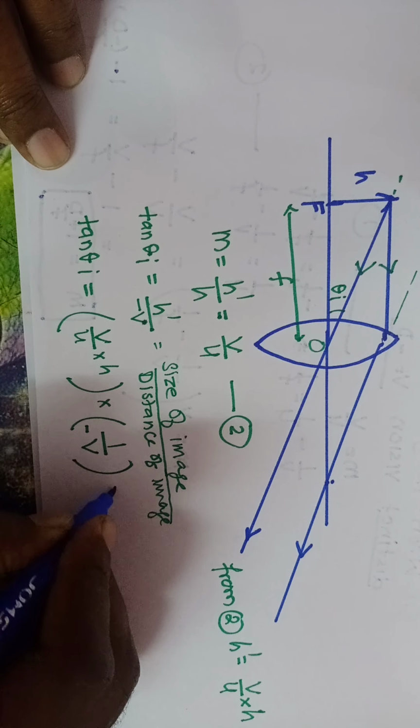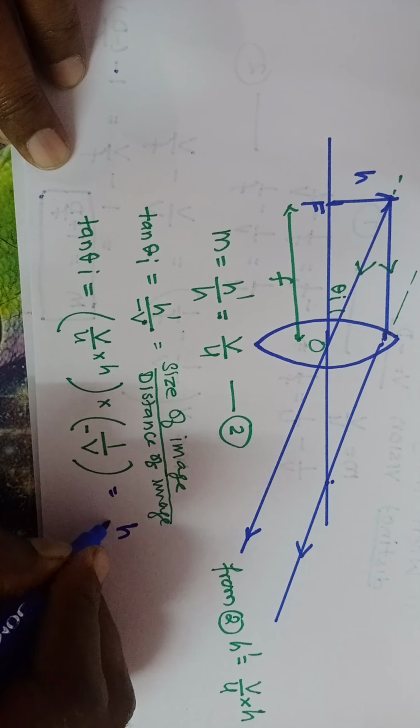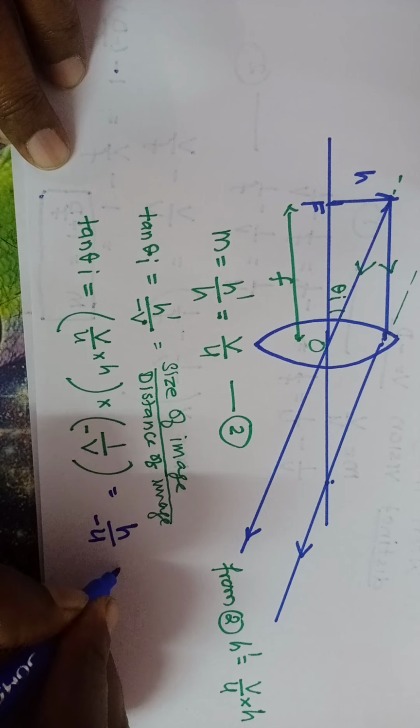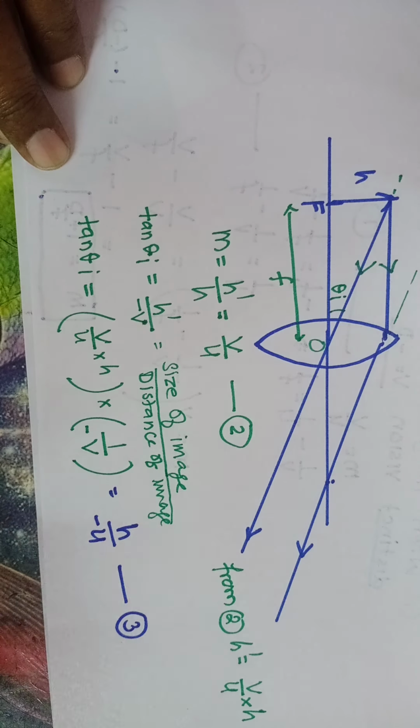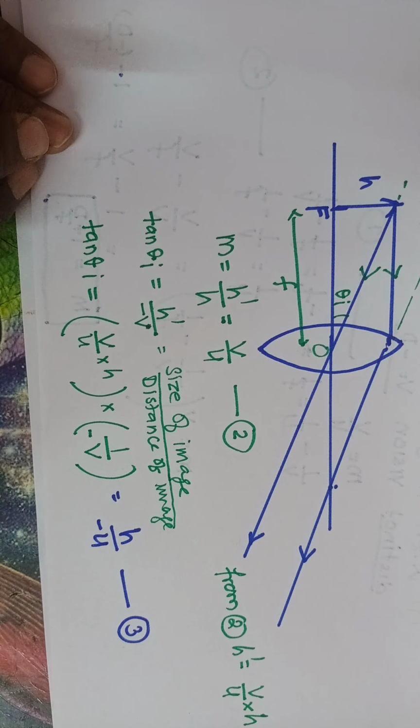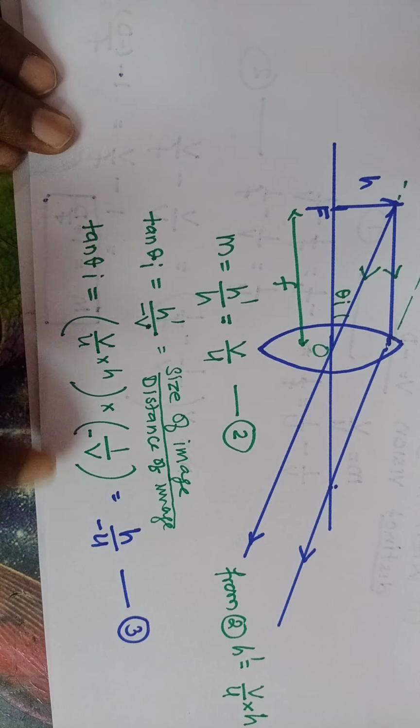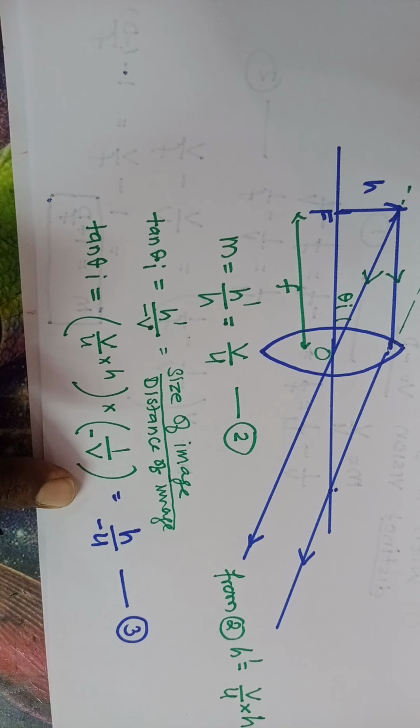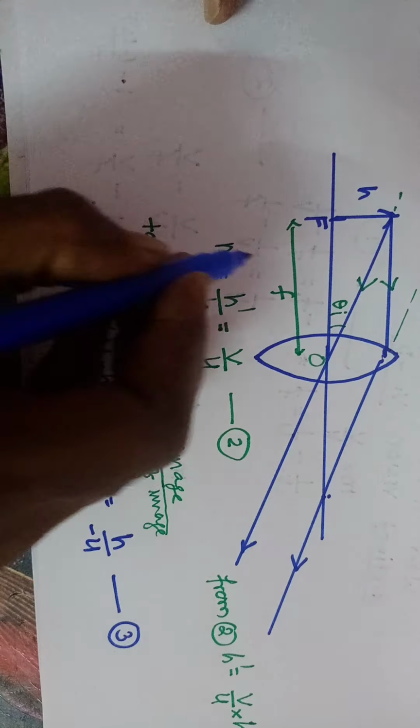So it will become H by minus U, equation number 3. Now as we have mentioned, U equal to infinity, U equal to at focus. So here this is U.